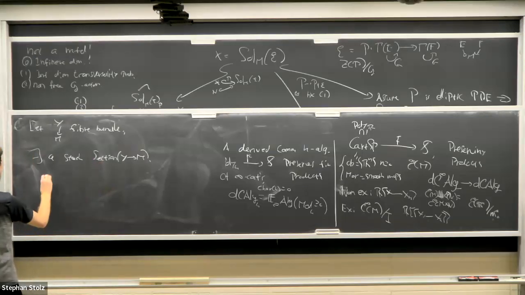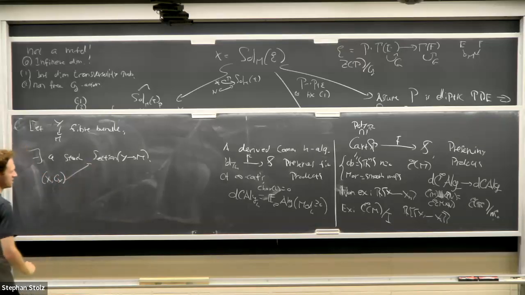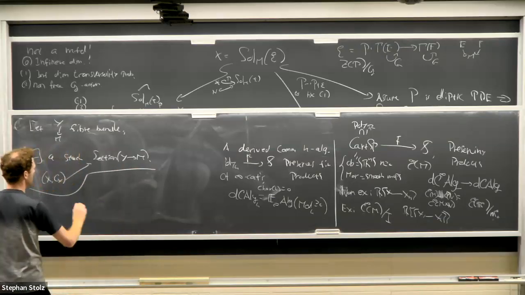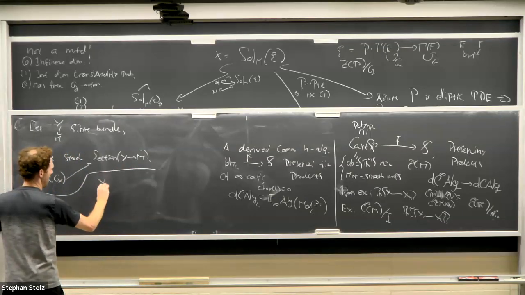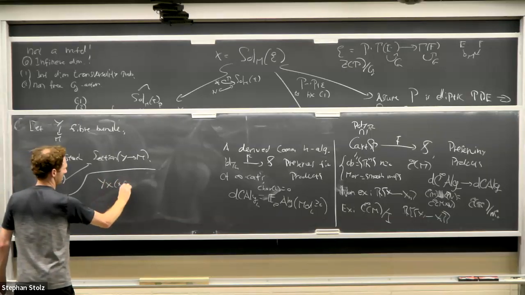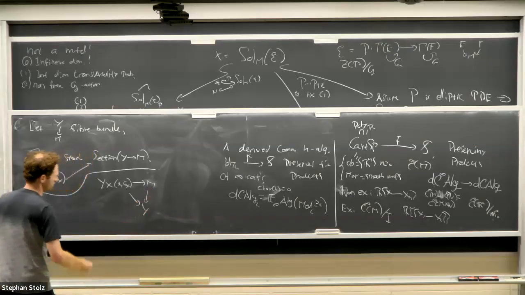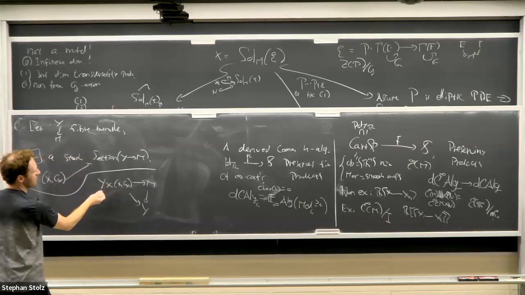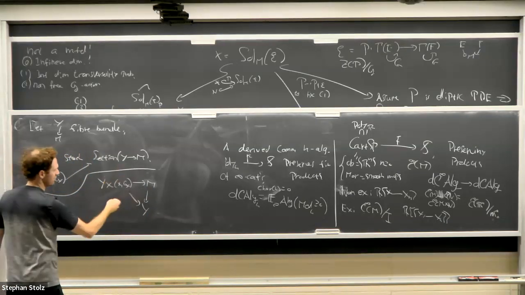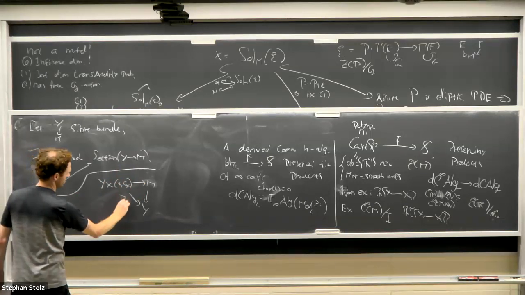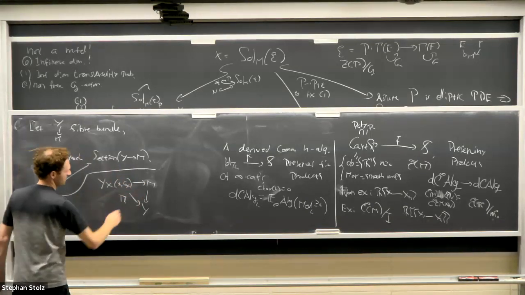So I just have to say what it means to map into this space, and I declare that to be just an X-parameterized family of sections, such that this diagram commutes. This is just the obvious first projection.